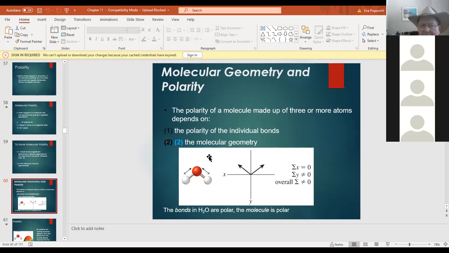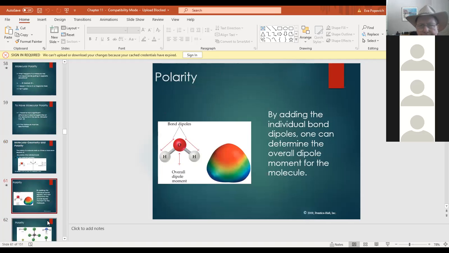So that means I have a negative side and I have a positive side to this molecule. This molecule is also not symmetrical. Because it's not symmetrical, water is going to be highly polar. So water itself would have a dipole moment.